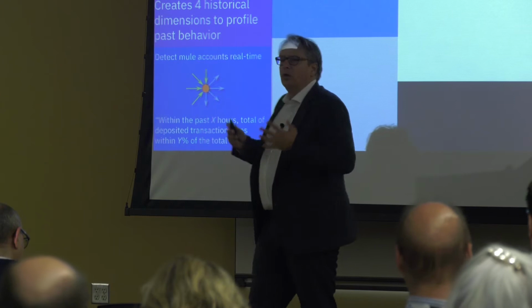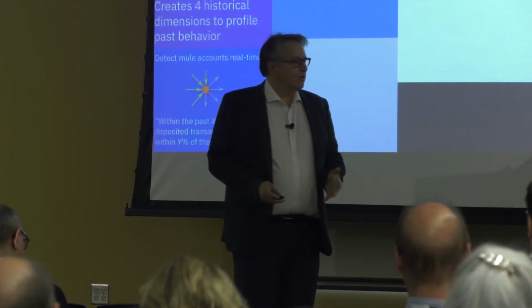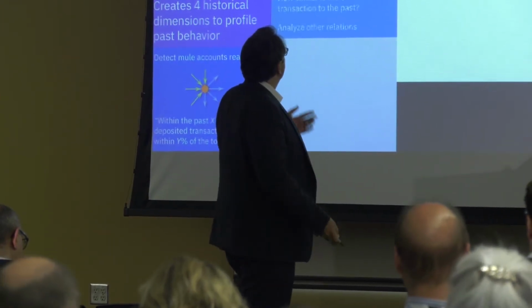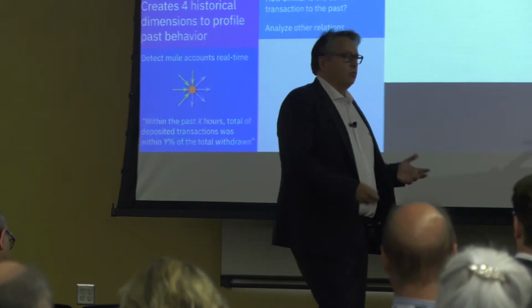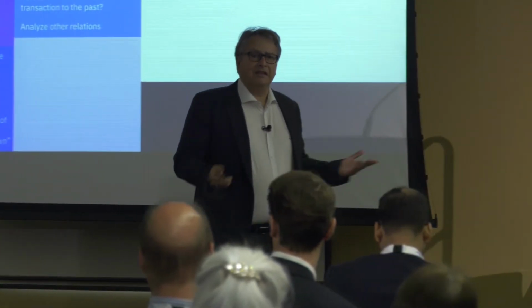At the same time, we're looking into all the relations between the originators and the beneficiaries. So we want to find out what kind of relations have they had in the past. Have they had transactions in the past? And if so, how is the current transaction relating to that?